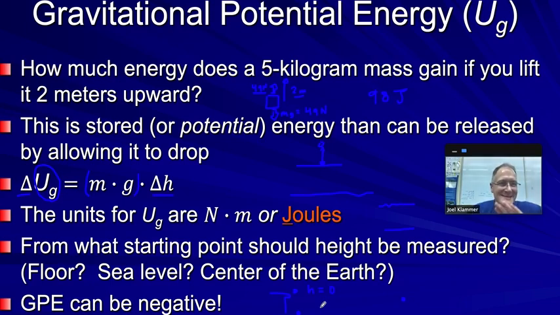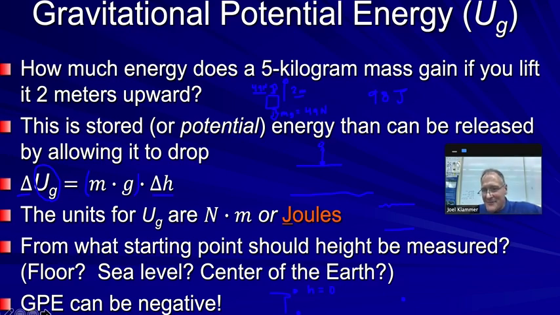Don't panic, it's actually fine. We're really talking about the change of gravitational potential energy. In this case, the negative number means you lost that much potential energy. You would say, I've got zero GPE up here, and I have less down here. It's less than zero. I've got negative height.